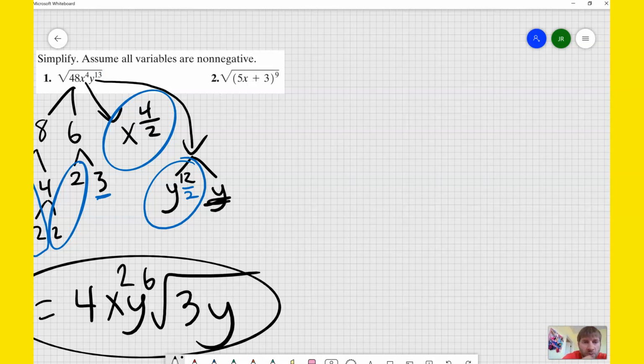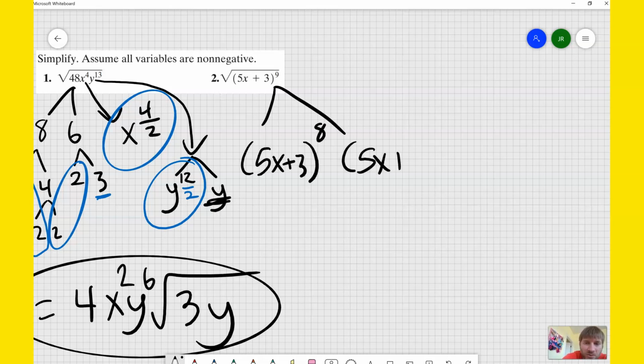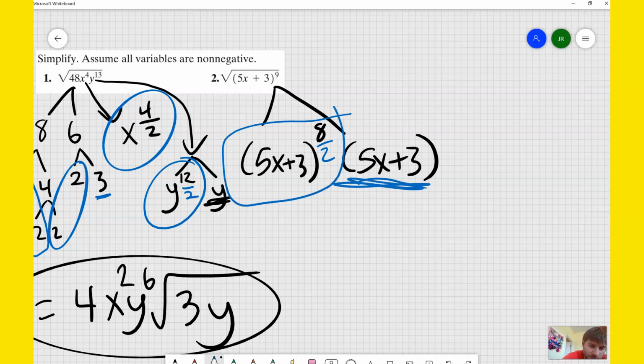So remember the index is a 2 right here. 2 won't go into 9, so I'm going to break this down to 5x plus 3 to the 8th and an extra 5x plus 3. Because 5x plus 3 to the 8th times 5x plus 3 to the 1st becomes 5x plus 3 to the 9th. And I broke it down that way because 2 will go into 8.